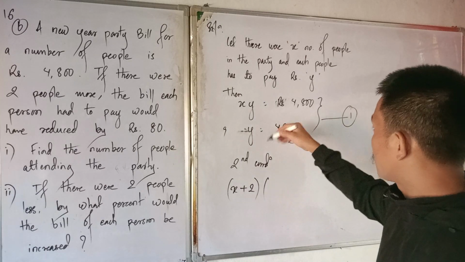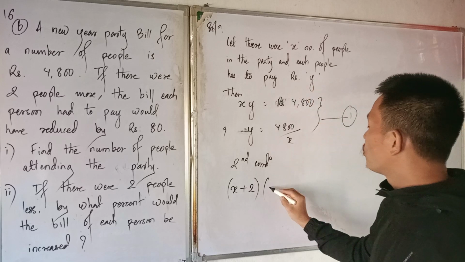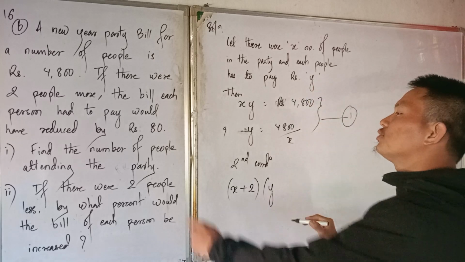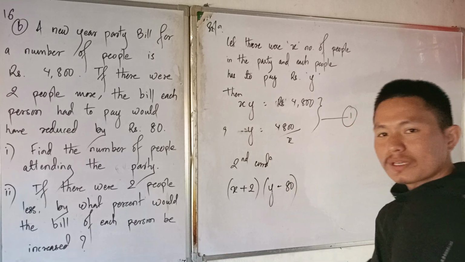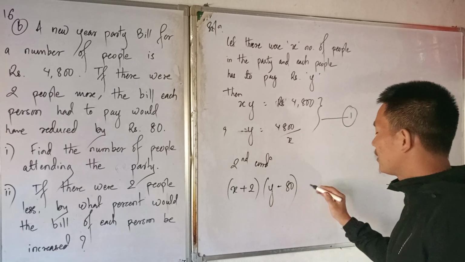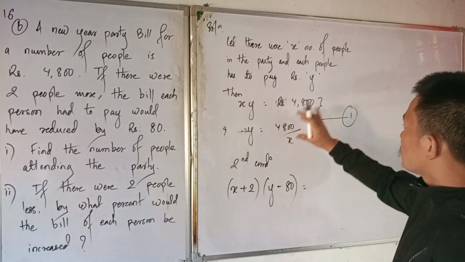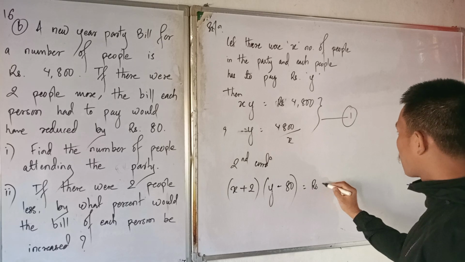So the cost per person is y rupees, and this would have been reduced by 80. Now you subtract 80 from y, and the total cost will be the same.